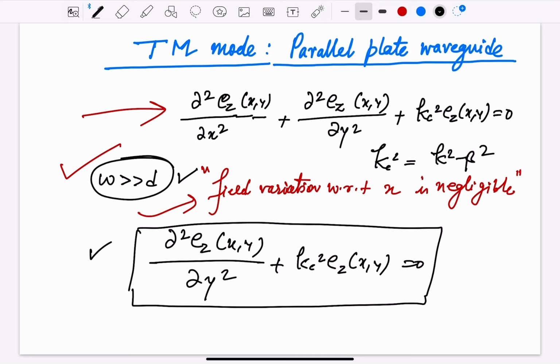If you know the boundary conditions, you can obtain A and B, like we did for the TE mode.